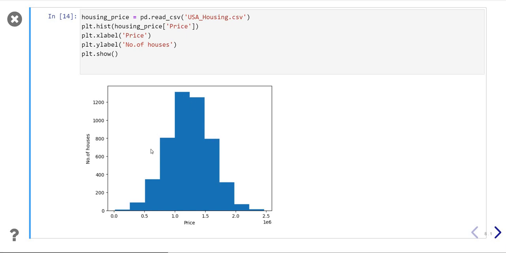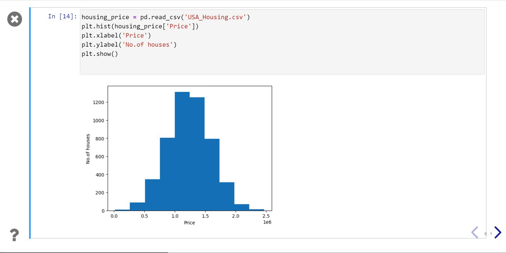So what does this tell you? That most of the people there are millionaires. I see most of them have a 1 million dollar house. Not bad, right? The second one is more than 1 million. So these two bars in the center, most of them are. So it's quite a well-to-do area.